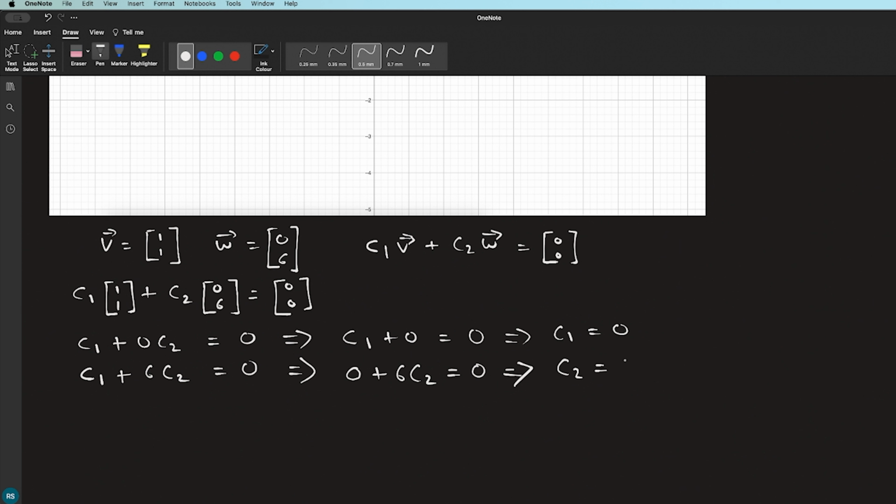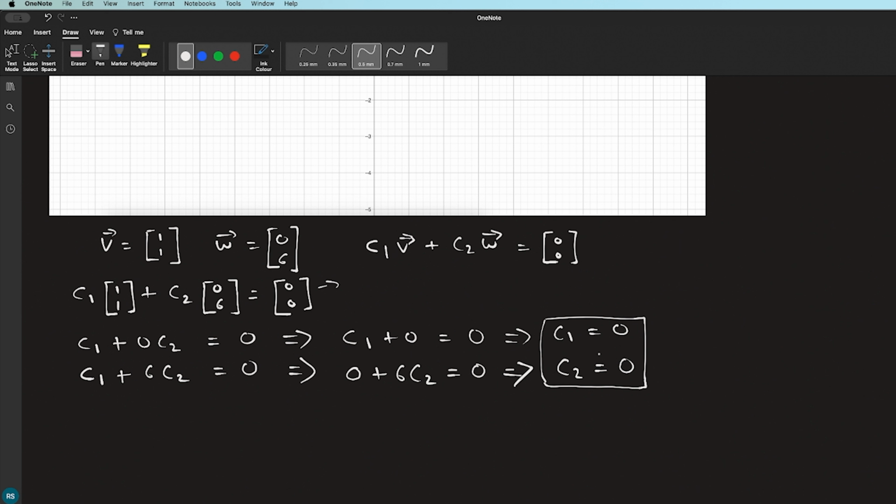Then c2 is also 0. So in this case both the scalars c1 and c2 are 0. If I put c1 and c2 into the above condition, I get the resulting vector (0, 0).